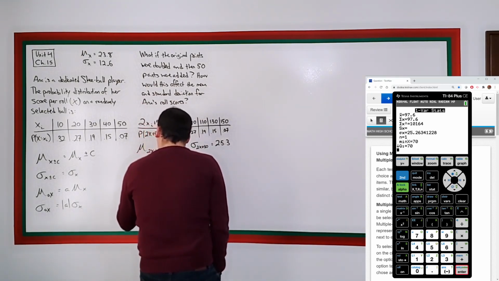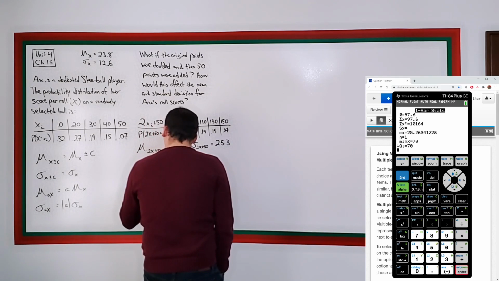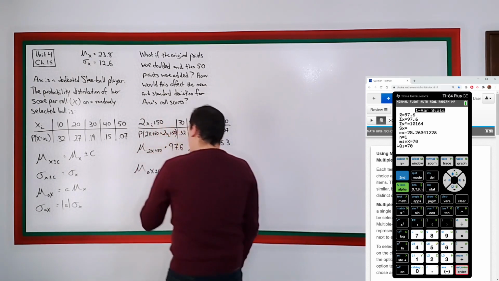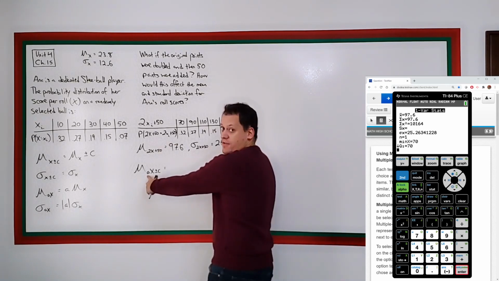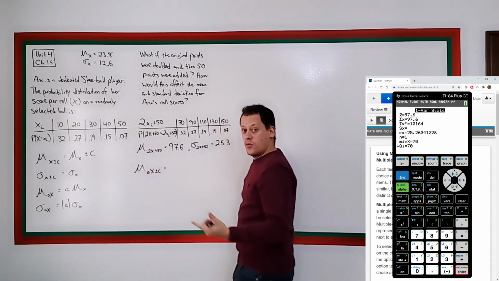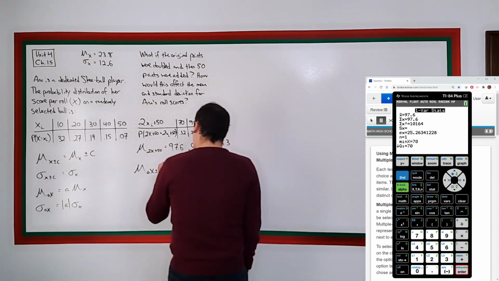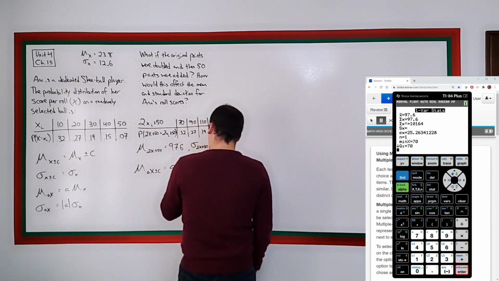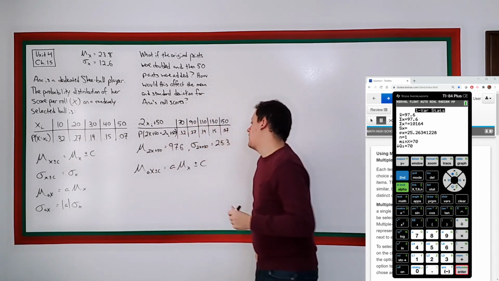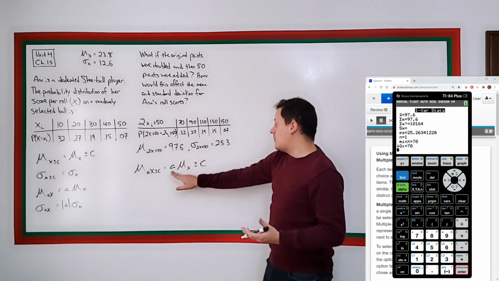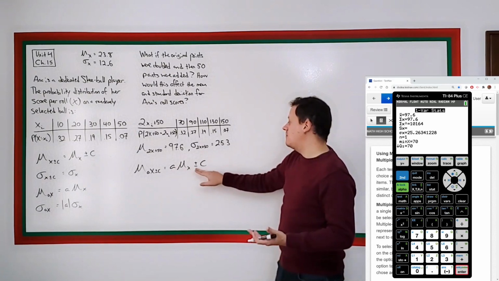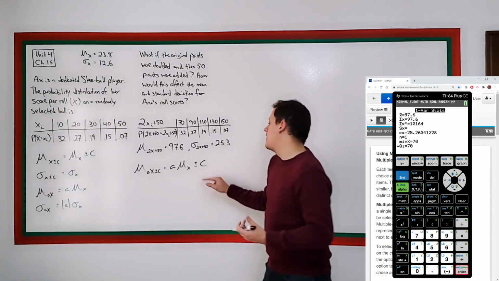So, turns out the mean of ax plus or minus c, so we're multiplying or dividing and adding or subtracting at the same time, is going to be the same thing as taking the original population mean, multiplying or dividing by the same number, adding or subtracting the same number.